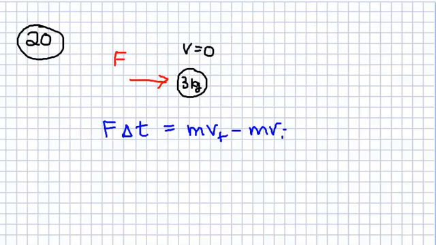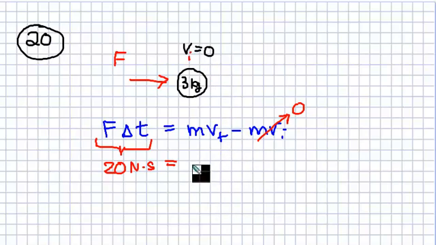Question 20, skipping number 19, I know, gives you a 3 kilogram mass which is at rest, and it receives an impulse of 20 Newton seconds. When we say that it receives an impulse of 20 Newton seconds, that means this whole quantity is 20 Newton seconds. It says it's initially at rest, so the initial velocity is 0.